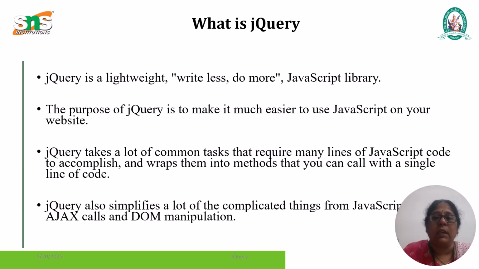And jQuery takes a lot of common tasks that require many lines of JavaScript code to accomplish and wraps them into methods that you can call with a single line of code. jQuery also simplifies a lot of complicated things from JavaScript, Ajax calls, and DOM manipulation.